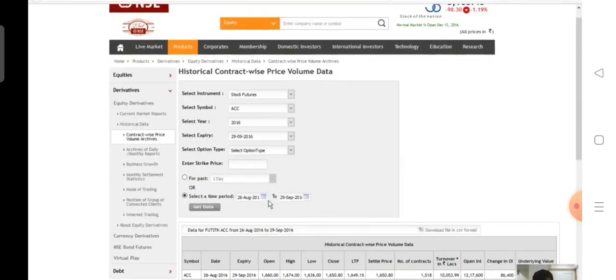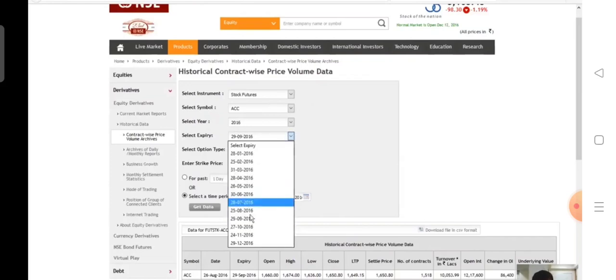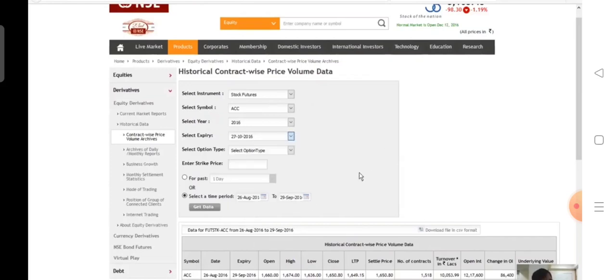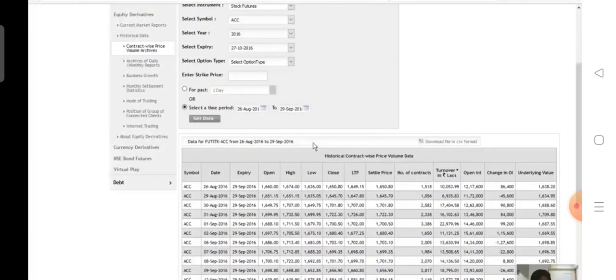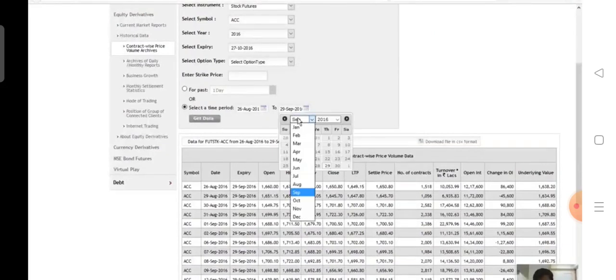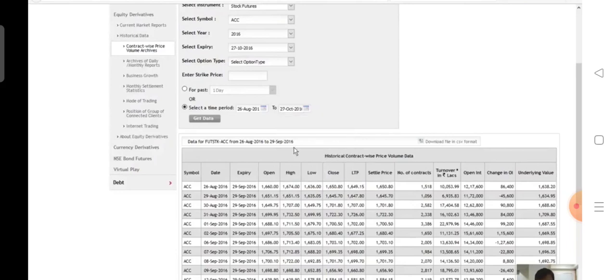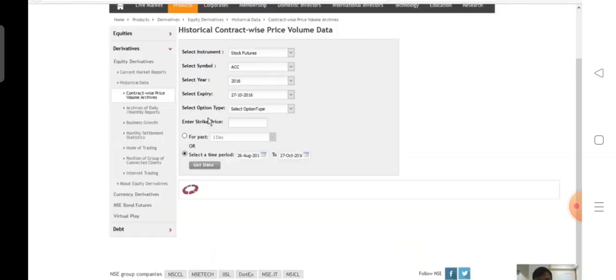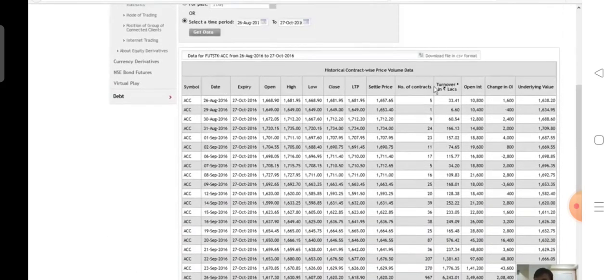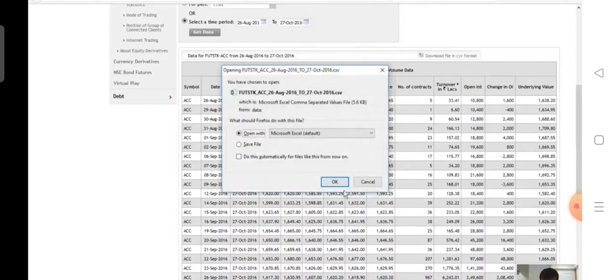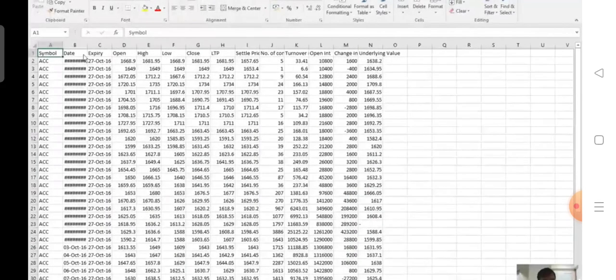Now I need second month data. So for the same date range, your second month is actually the October month, correct? Now October month, you can actually take data till October, because you have data available till 27th of October for October month expiry. So you get the data, you download the file in CSV file, you open it.